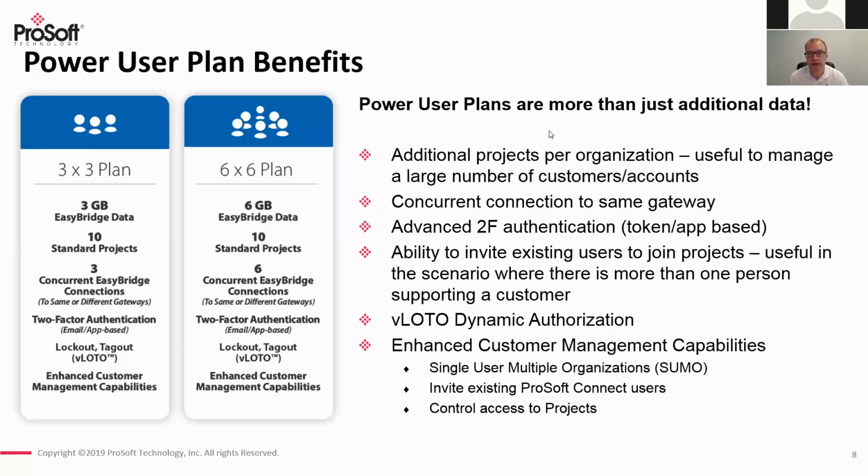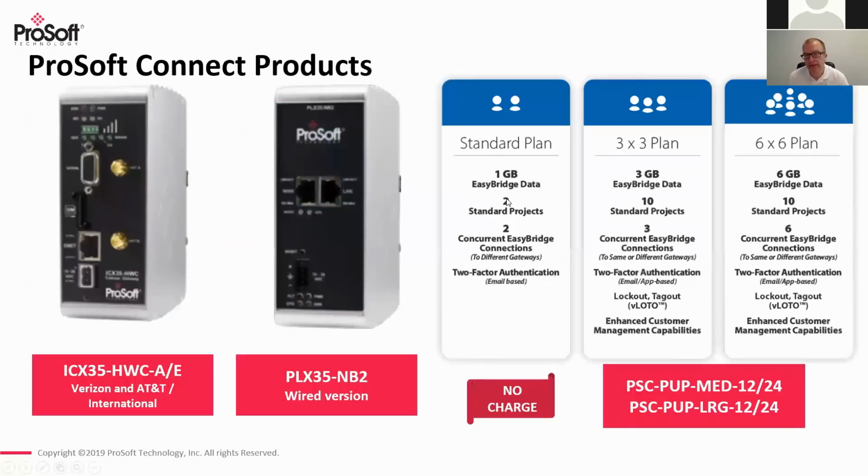The service that comes with the unit is free of charge. It's included. As I said before, that gives you 1 GB of data per month per gateway. So if you have multiple gateways, then you have 1 GB of data per gateway.